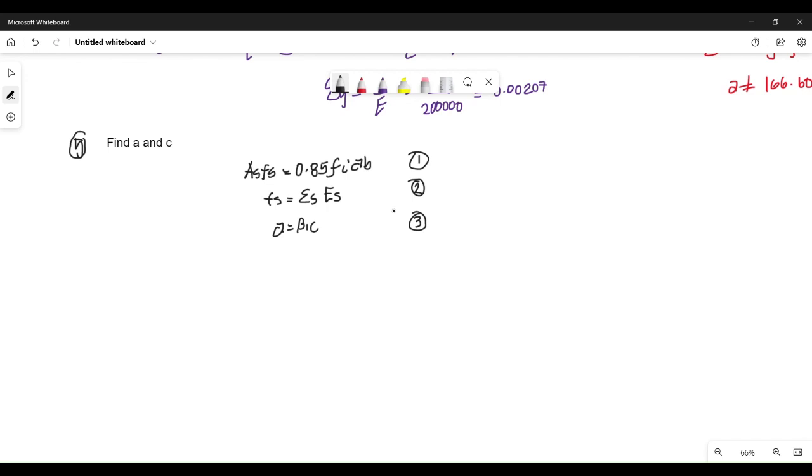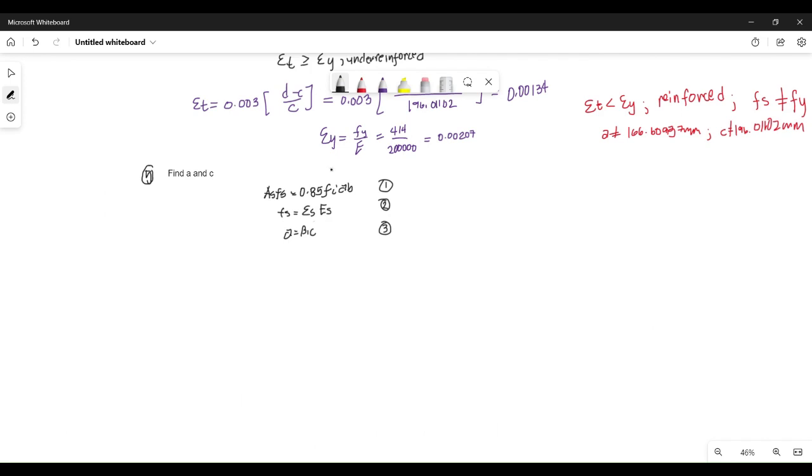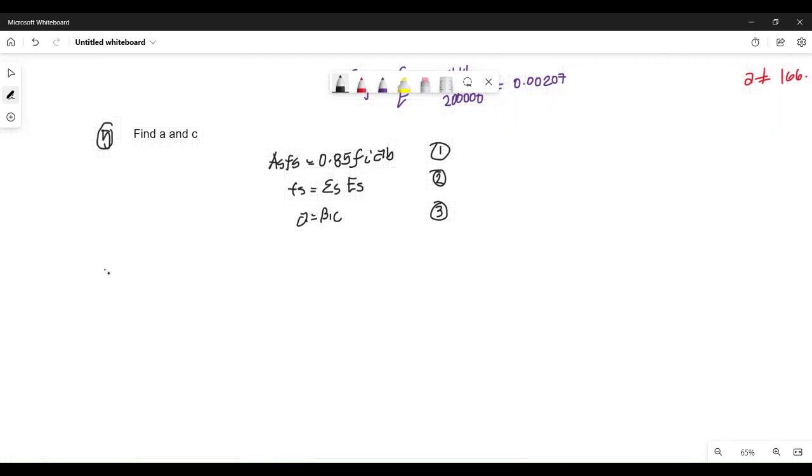So, according to code, if your strain T is less than or equal to 0.002, your phi na gagamitin dito, your phi is equal to 0.65.